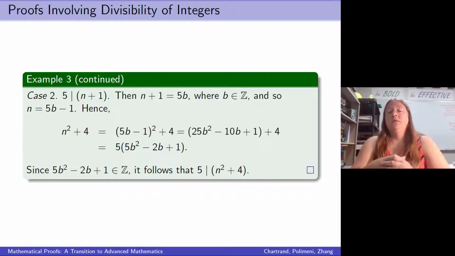I end up with n equals 5b minus 1. And we follow basically the same pattern here. And we end up finding that 5 in fact does divide n squared plus 4. So now with these two cases, I've now shown that the contrapositive is true, and therefore the original statement must be true since they are logically equivalent.